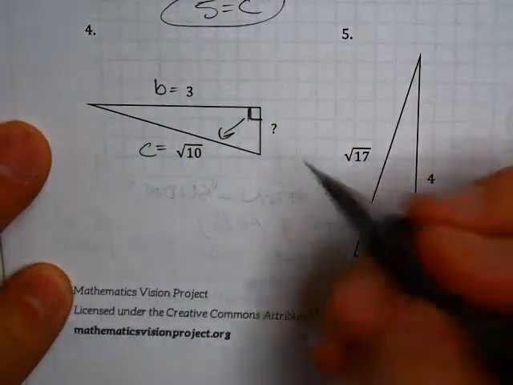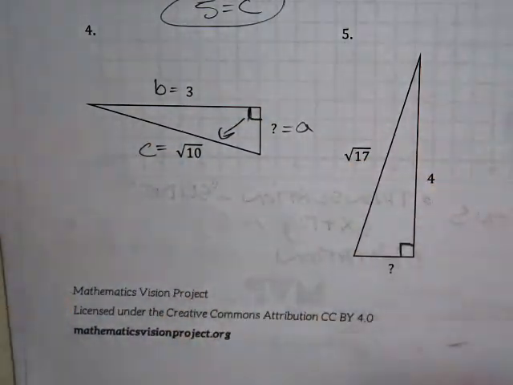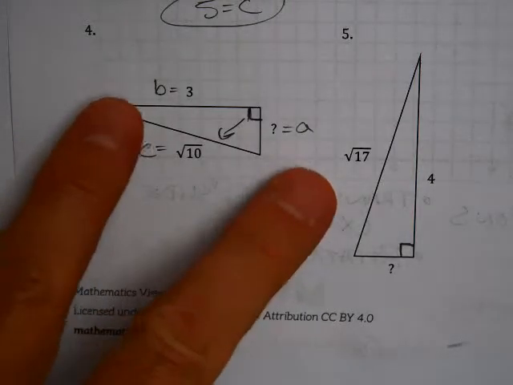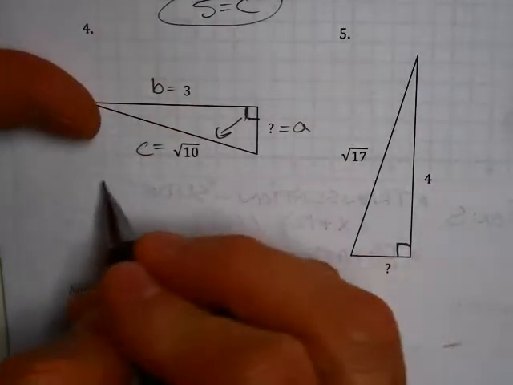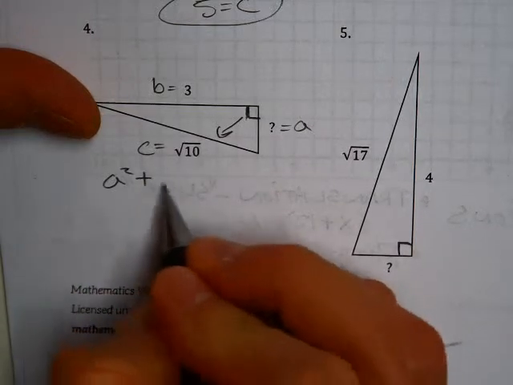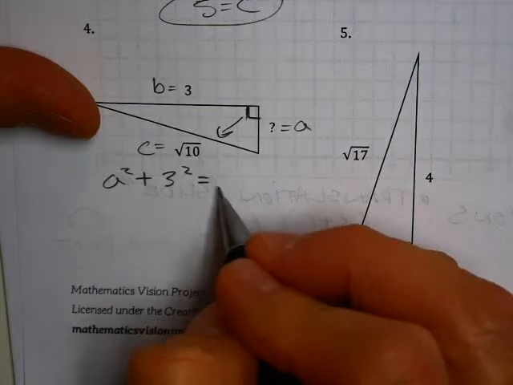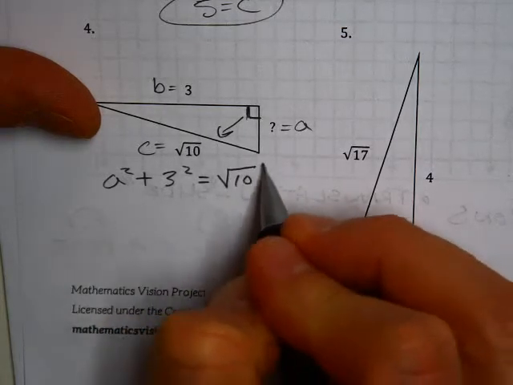It doesn't really matter, but I think it'll put it in a nice order. So what do I do with these? I square them, right? I add the two short sides, the A and the B, and I square them. So I'm going to say A squared plus B squared, which is 3 squared, equals the square root of 10 squared.